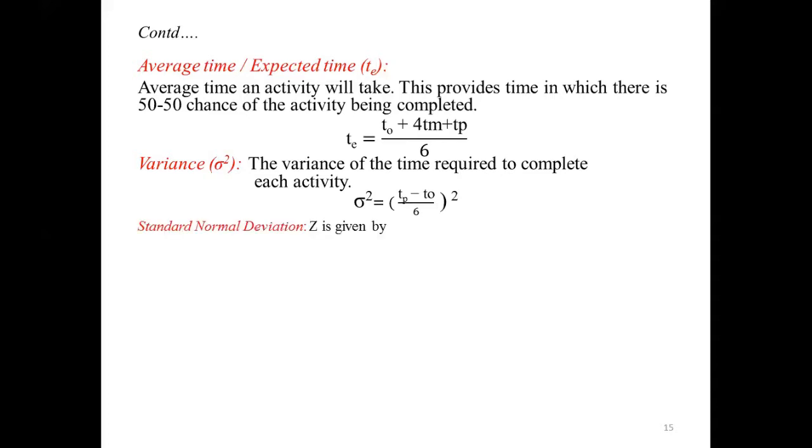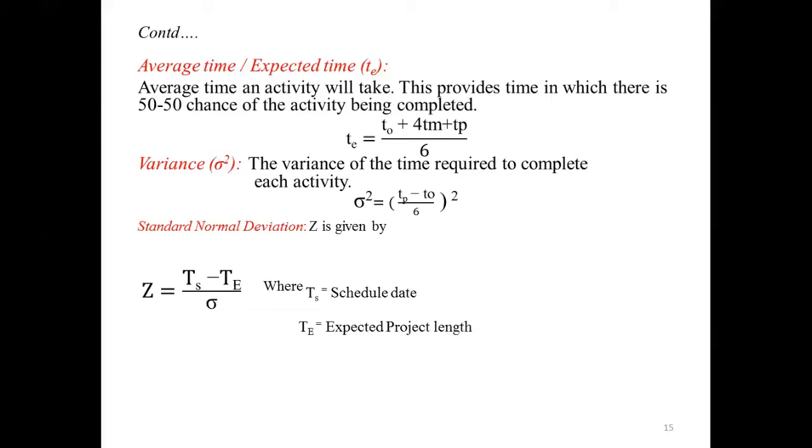Standard normal deviation is denoted by Z and is given by Z equals TS minus TE divided by sigma, where TS is the scheduled date. That means for any project, there will be a scheduled date, or scheduled time, and TE represents the expected project length.